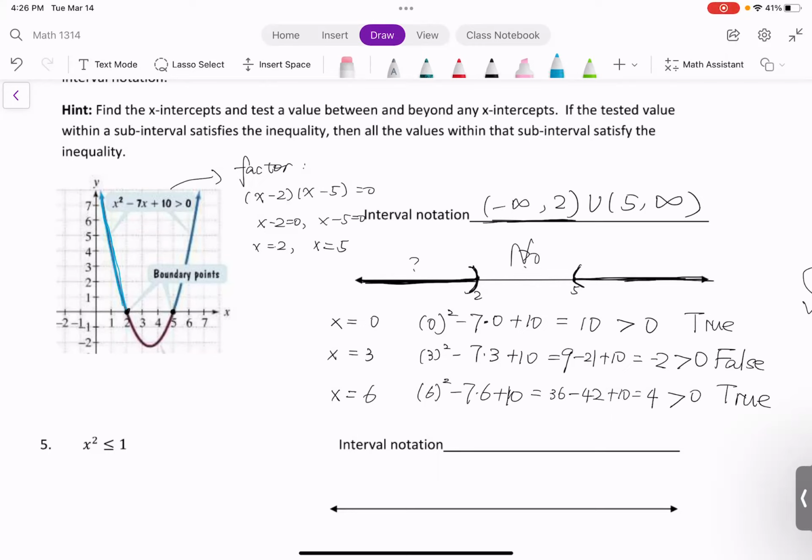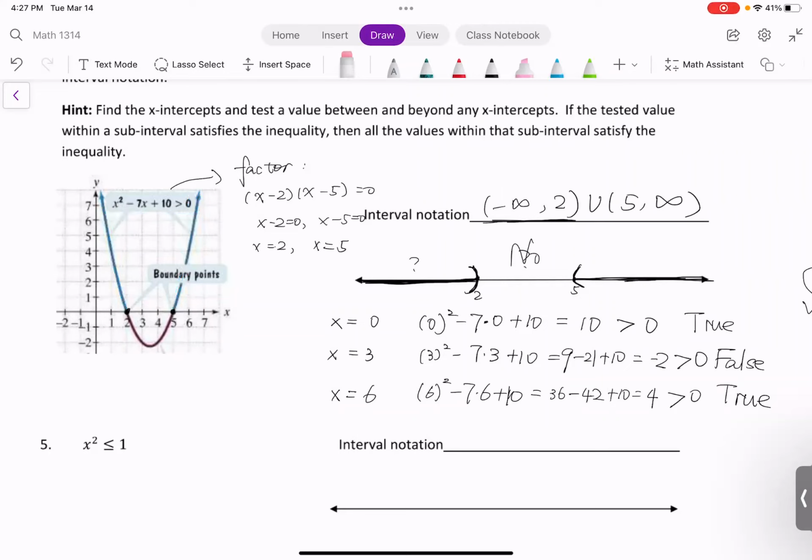And look at the graph, you will see that any x value here makes the y value greater than 0, and any x value I plug into the polynomial, the y value is greater than 0. That means I can pick any point here that satisfies the inequality greater than or equal to 0.